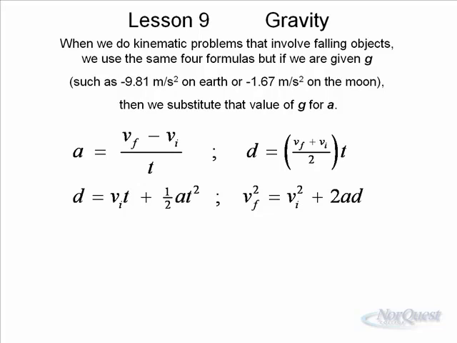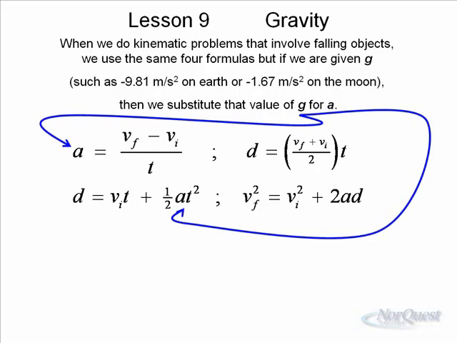So a would be 9.81 in the first kinematic expression. Notice in the second one there is no value of a. In the third one, a, if it was a falling object, 9.81 would go in there. And of course we use negative because negative indicates a downward direction. All right?